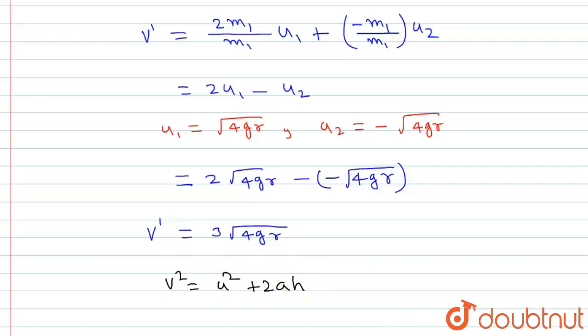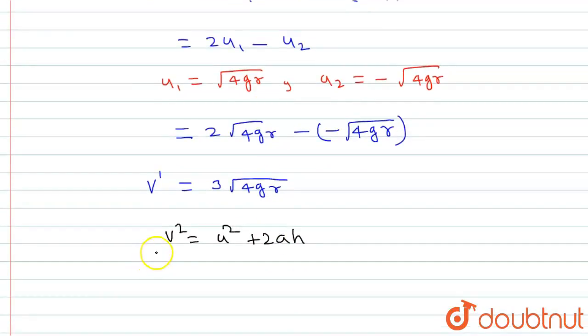Clear? For maximum height, v is equal to 0, and u is equal to V dash. So this is 9 into 4gr plus 2, and a we can take minus g, because g is in the downward direction, and h we can take.